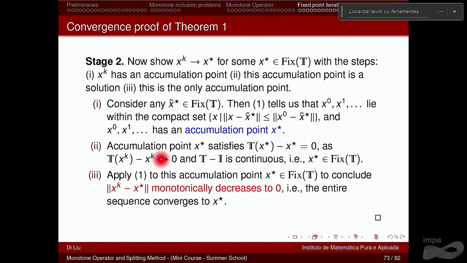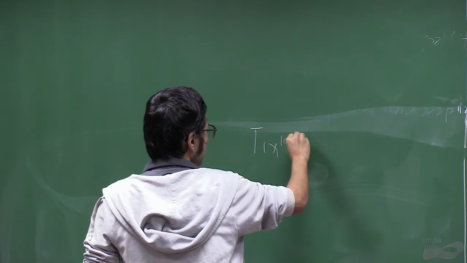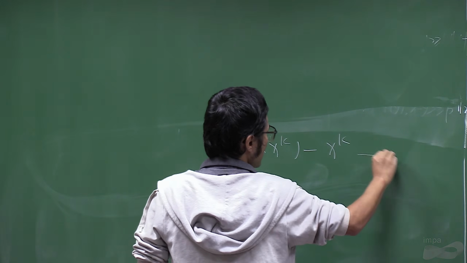Next, let's analyze whether this accumulation point belongs to the fixed point set. Since x star is an accumulation point, we can have this xk. Let's go to the blackboard. First, we already have T xk minus xk approaches 0.